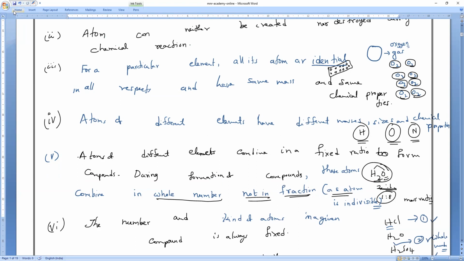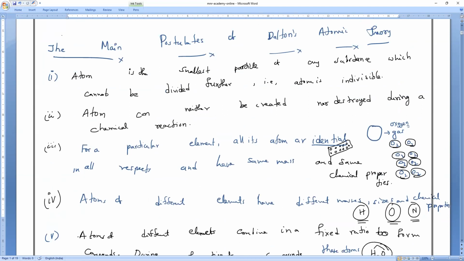The law of conservation of mass is explained by which postulate? See, the elements consist of atoms, and atoms can neither be created nor destroyed during a chemical reaction. So this is the point based upon the law of conservation of mass.